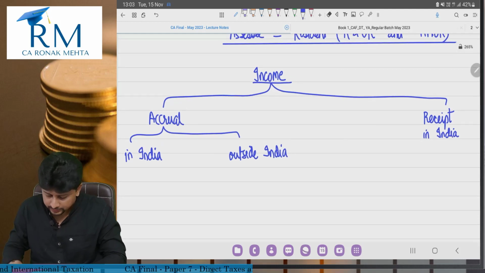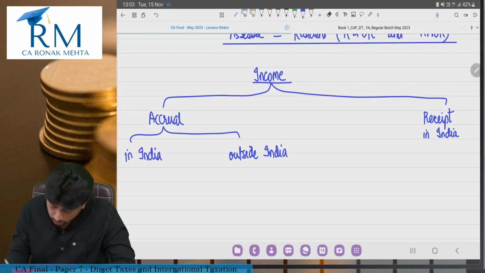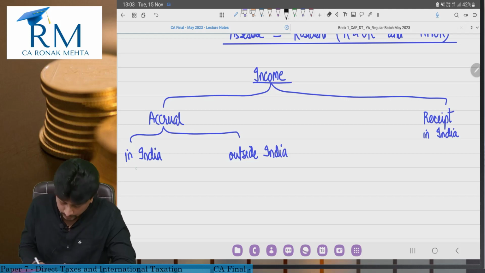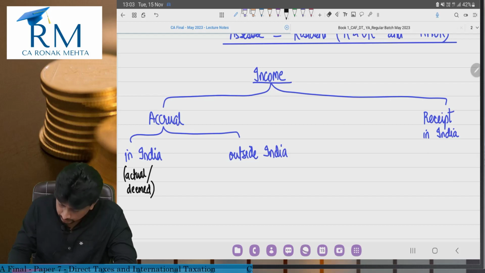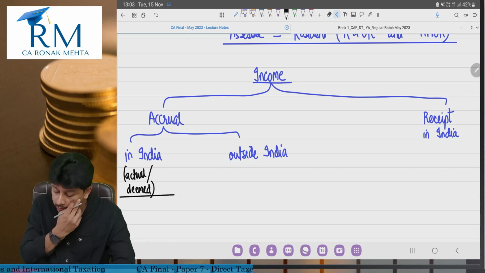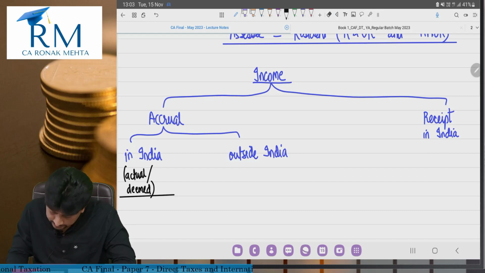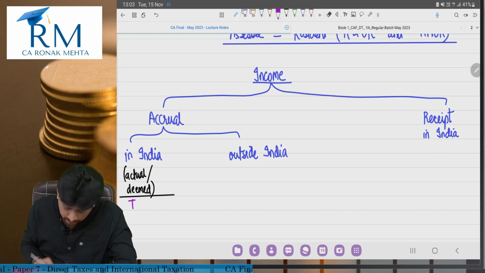Currently my focus is to make you understand something about the accrual. When I say accrued in India, I am covering actual accrual also, and I am covering deemed accrual also. So whether the income is actually accrued in India or deemed to be accruing in India, as far as section 5 is concerned, the income is taxable.